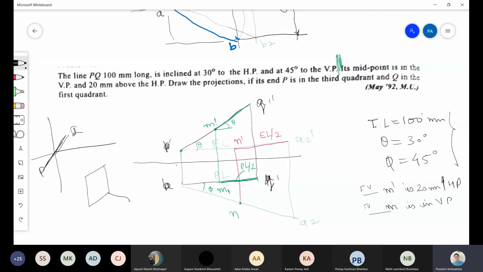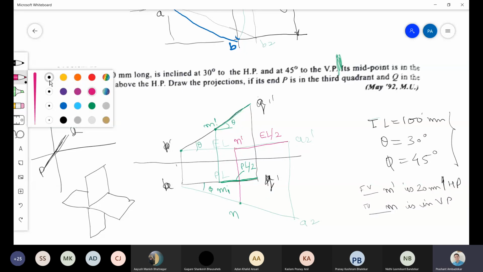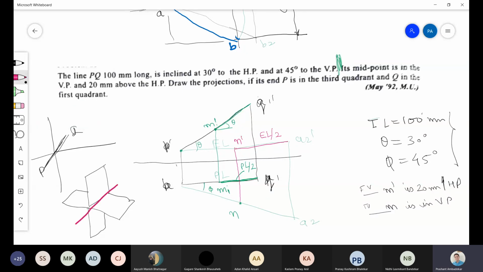This is the first quadrant, this is the second quadrant, and this is the third and fourth quadrant, and the line is like this. So this is P and this is Q. It has gone through the quadrants, and one of the ends is in, am I right? Sorry, this is P.